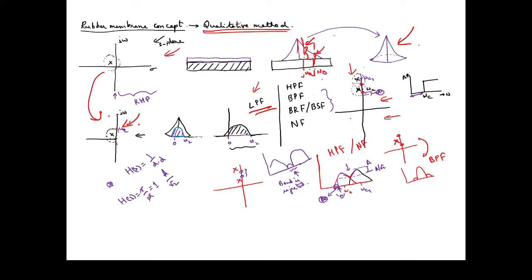Now similarly, if you want to create a high pass filter, you take two poles, say this one and this one, at a higher position, and you apply the poles over there. So that will allow you to design the high pass filter.